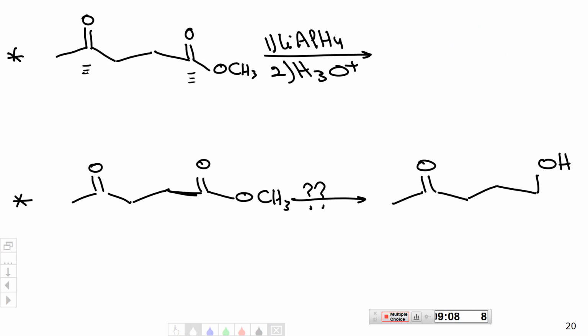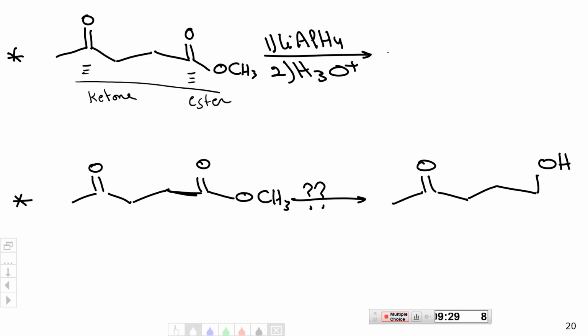Let's say I have this compound in here that has an ester and a ketone at the same time. And I added enough, let's say enough lithium aluminum hydride and H3O+. Lithium aluminum hydride reduces almost everything. Ketones, aldehydes, esters, carboxylic acid, and I can keep going with that, right?